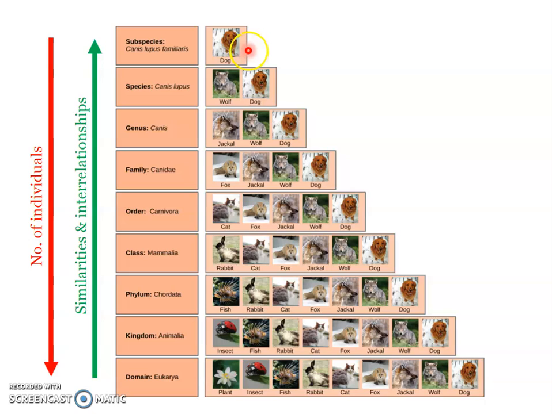So we have a group now. Similarly, we have a group of wolf, a group named jackal, a group of cat, a group of rabbits, a fish group, an insect group. So we have plenty of other groups.